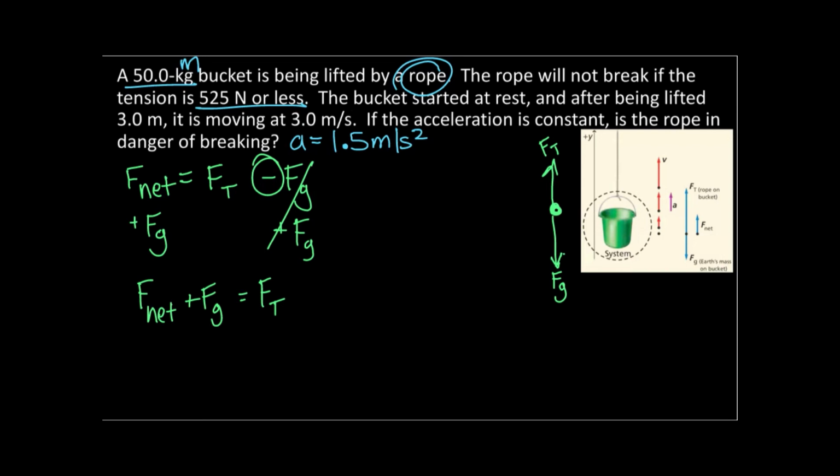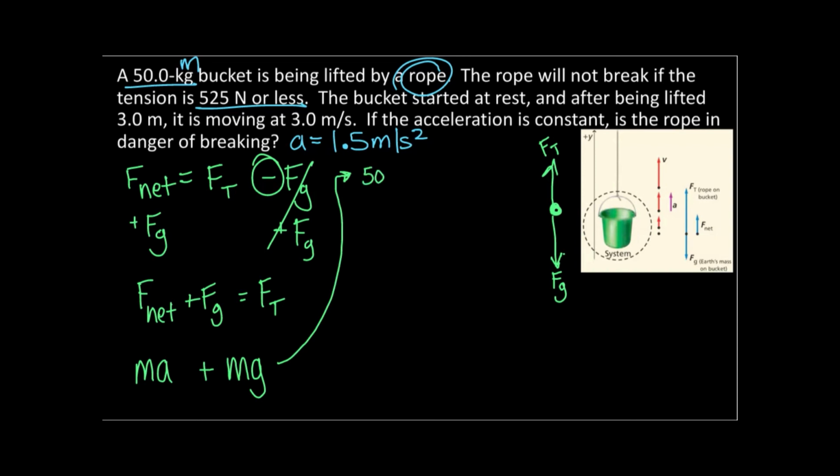To get that net force, that's just mass times acceleration. Every time you see F net, it's just mass times acceleration. And then your gravity force is mass times gravity, right? I'm going to move this up here so we have some space.